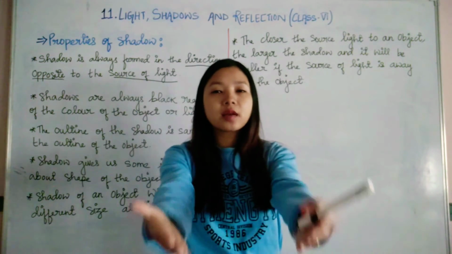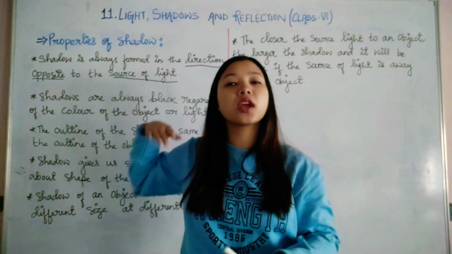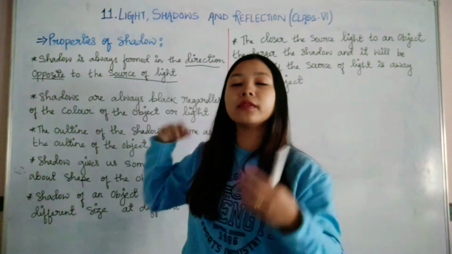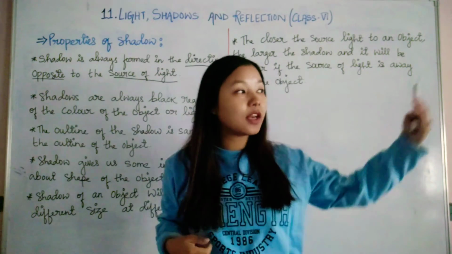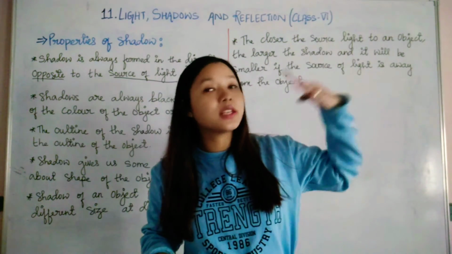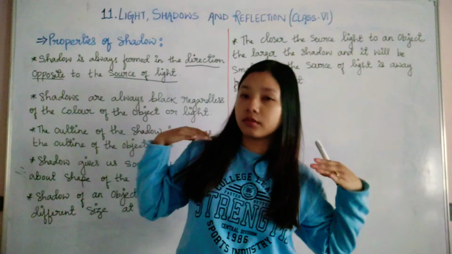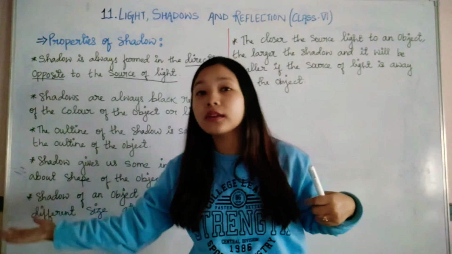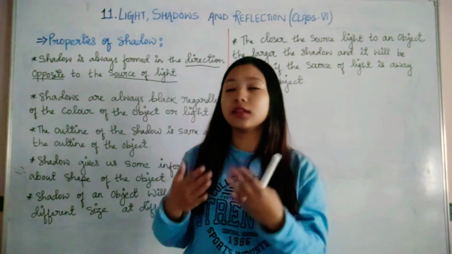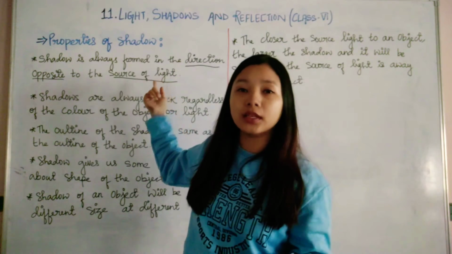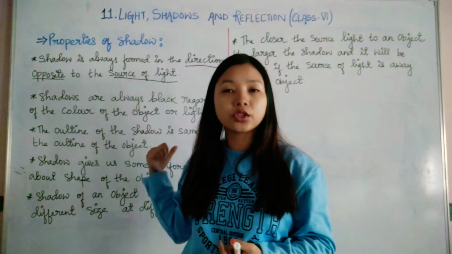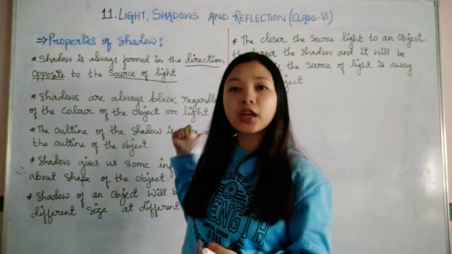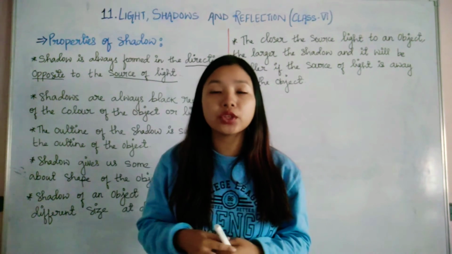Let's say light is coming from the front, then the shadow will be formed behind me. If the light is coming from my left side, the shadow will form on my right side. So this is what it means. The source of the light and the direction of the shadow will be opposite to each other.